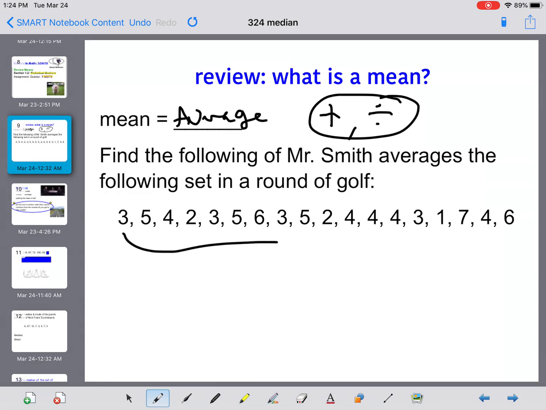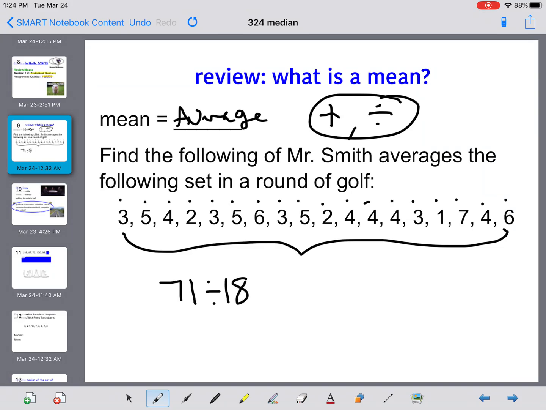So we add these all up, and I got 71. And then, if we look, how many numbers are in the set? We have 1, 2, 3, 4, 5, 6, 7, 8, 9, 10, 11, 12, 13, 14, 15, 16, 17, 18. 18 holes, so we have to divide that by 18.